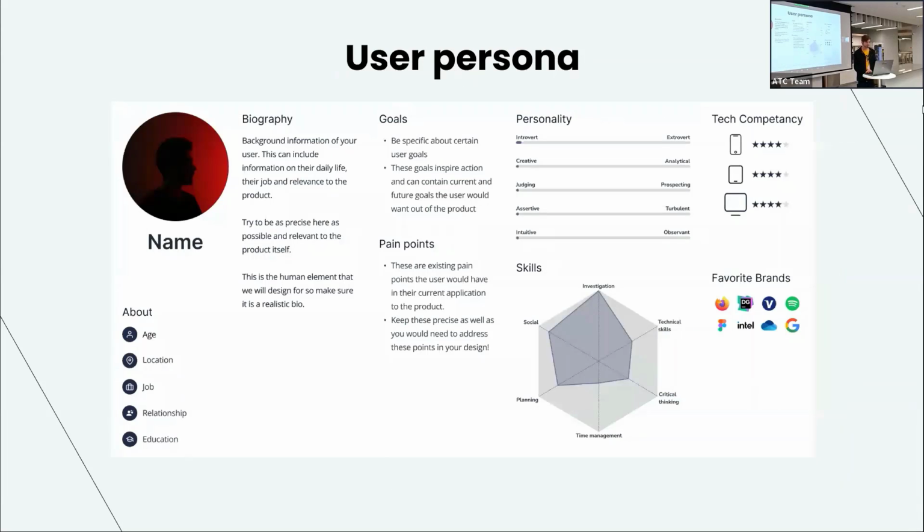So, a user persona. This is something we quite like to use. Most of you, the UX designers here, know this very well. It's where you create a fictional character that uses the product, the typical user for the product. And you give this character a whole personality as well. You give them demographics, biography, goals, pain points, and skills.